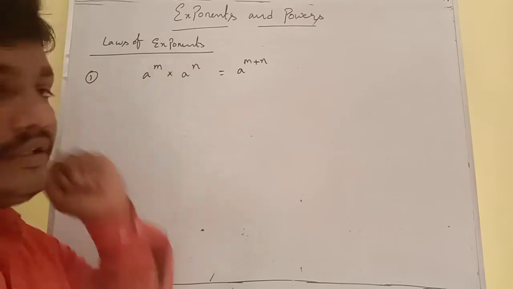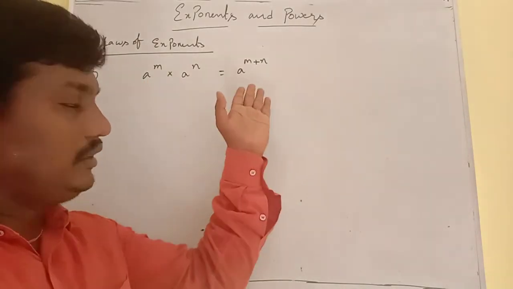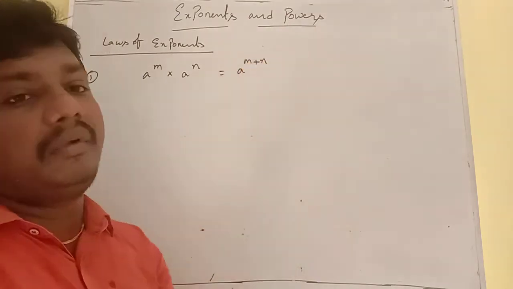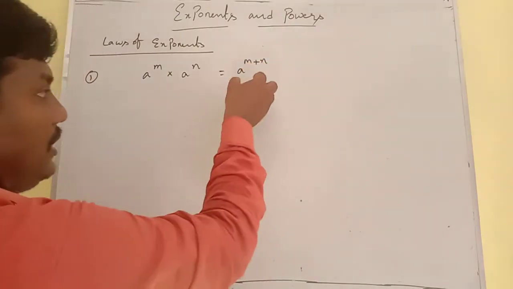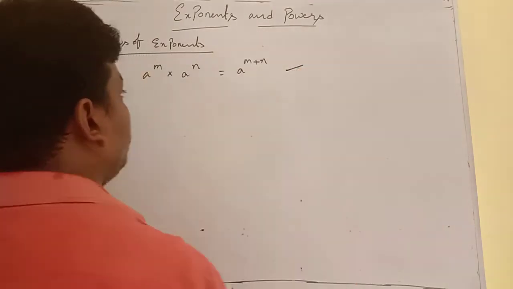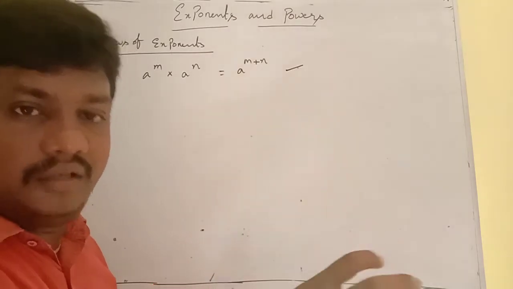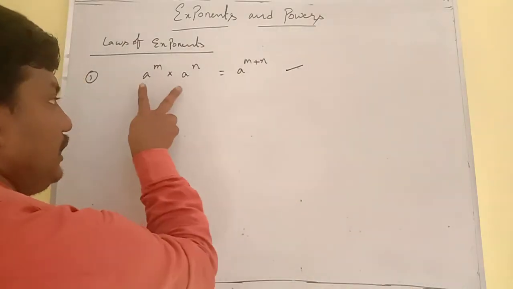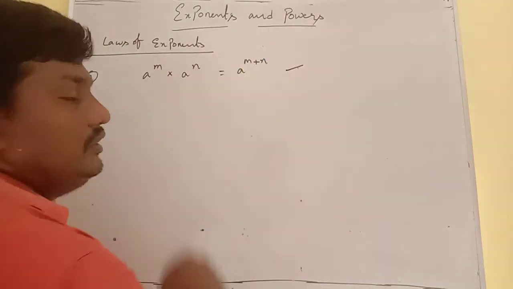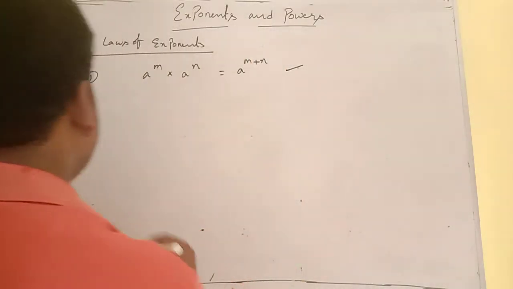If two exponential forms are multiplied having the same base, then their powers should be added with the same base. This is also a very important formula. So if two numbers are in exponential form with the same base, the powers should be added, that is a power m plus n.